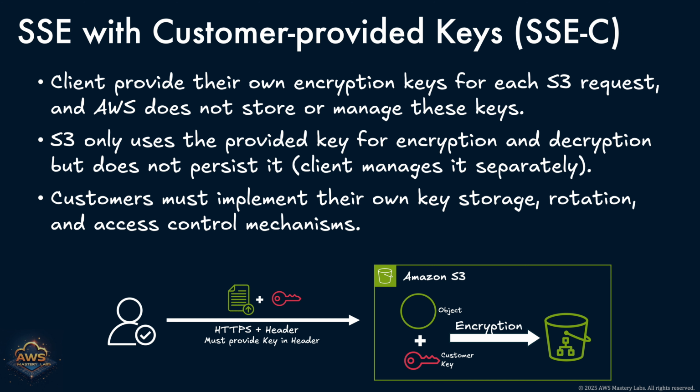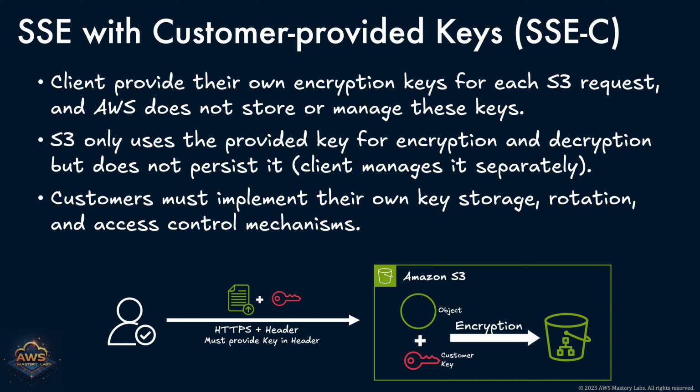It's also important to note that SSE-C is not compatible with several S3 features, including S3 cross-region replication, AWS KMS integration, and S3 Transfer Acceleration. This limits its applicability in scenarios requiring advanced storage capabilities or high-speed global distribution. As illustrated, the encryption key must be included in the HTTPS request headers to enable SSE-C.